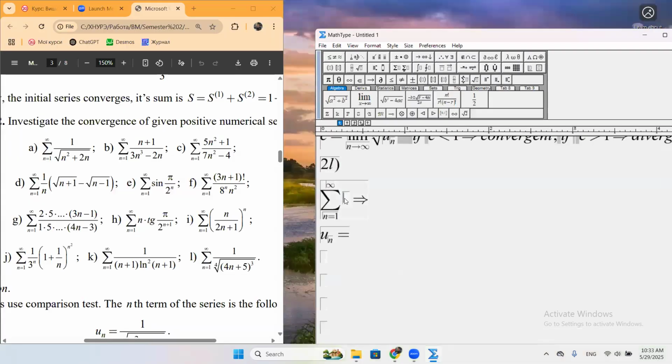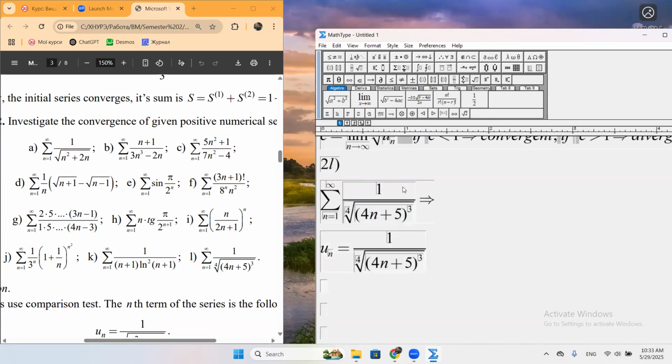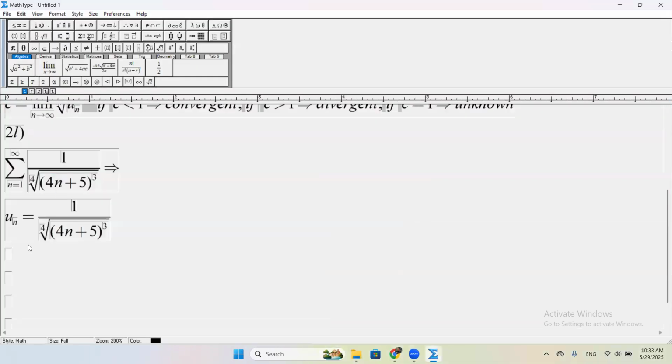The following series: 1 over the root of power 4 of 4n plus 5, in power of 3. So the nth term is the following, and we calculate the integral from 1 to plus infinity.